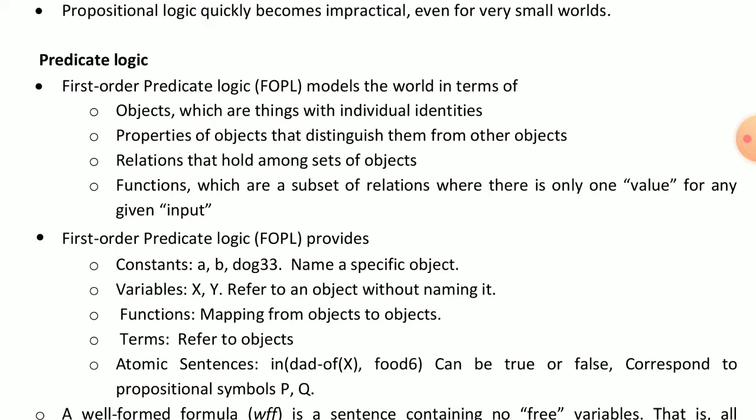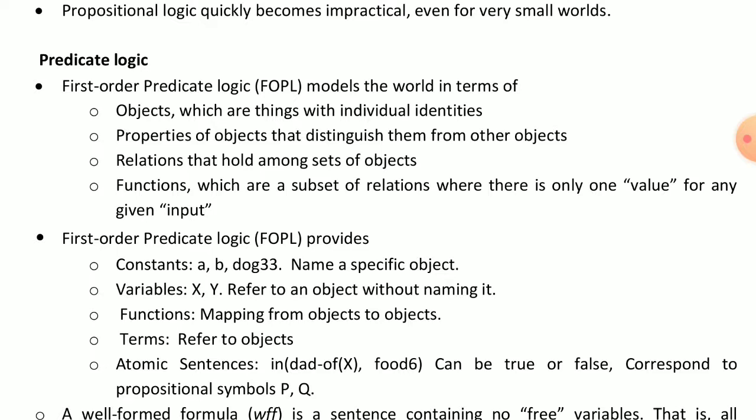Okay, for the real world, we can take different terms. First is objects, which are things with individual identities. We can take the different objects and find out their individual identities.